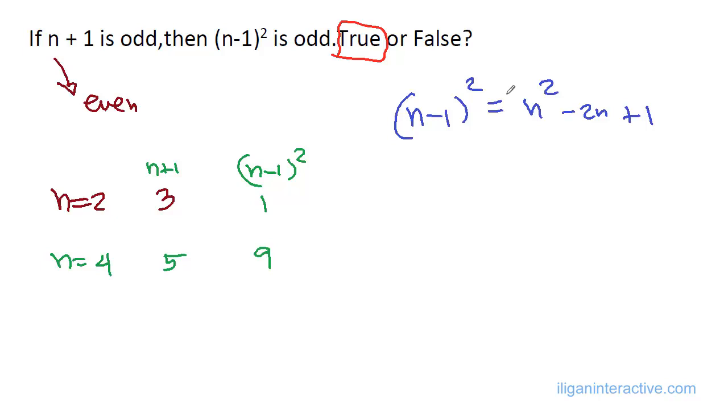I have not really shown mathematically that this is odd, but as you can see here, n squared is even for sure because n is even. From this first statement, 2n is surely also even because there's a 2 already there, and that's even. And even with a 1, that will be an odd number.